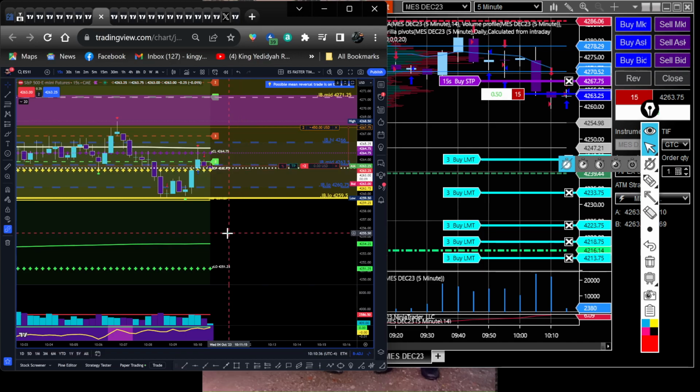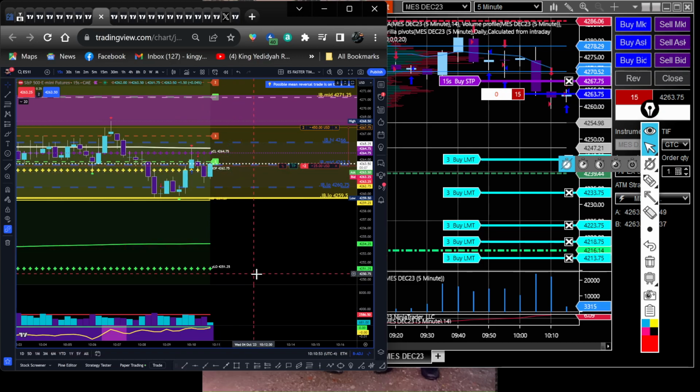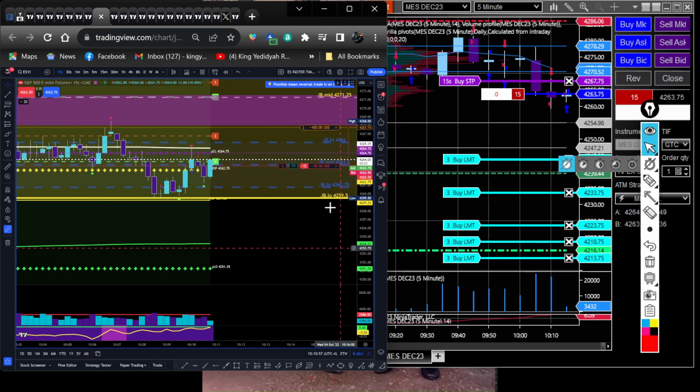I like this retest here of VWAP. So let's see if VWAP can hold as resistance again, and we get the momentum to drop down now, down to the lower VWAP deviation here at 42.54.25. Anything above VWAP again, and I'm gonna close the trade.